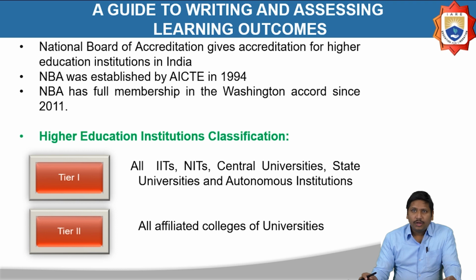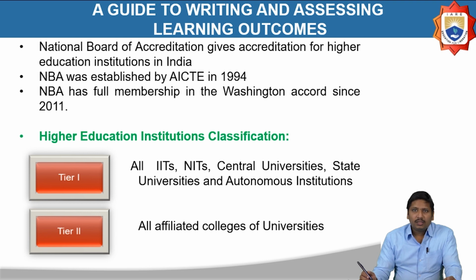Next, we're going to see the guide to writing and assessing the learning outcomes. Here the National Board of Accreditation, NBA, gives the accreditation for higher education institutions in India. NBA was established by AICTE in 1994, and NBA has full membership in the Washington Accord since 2011.